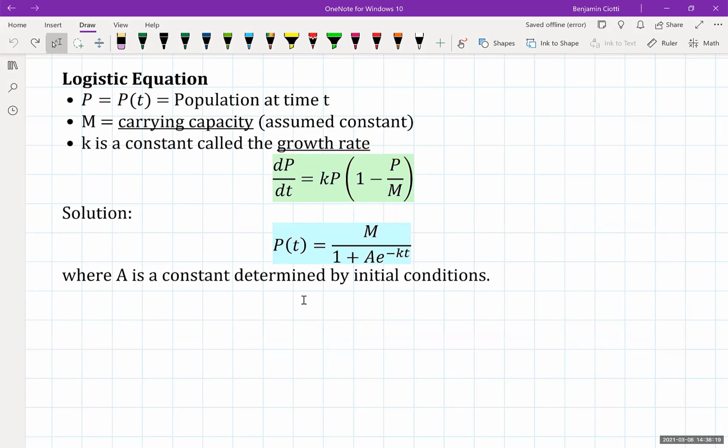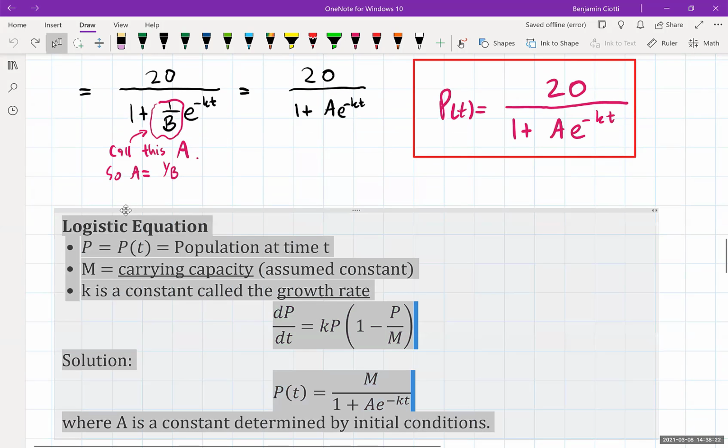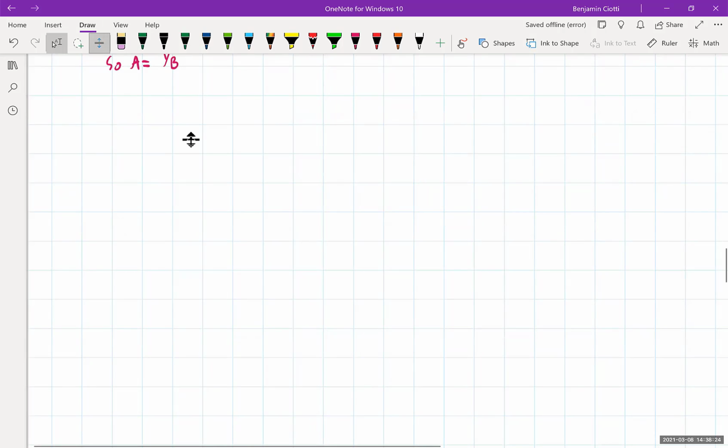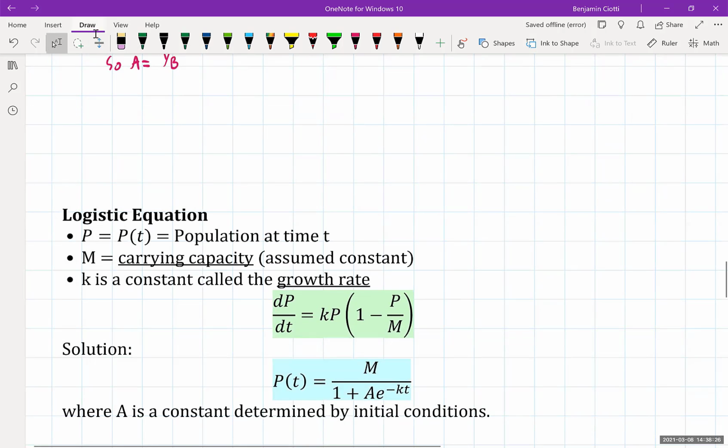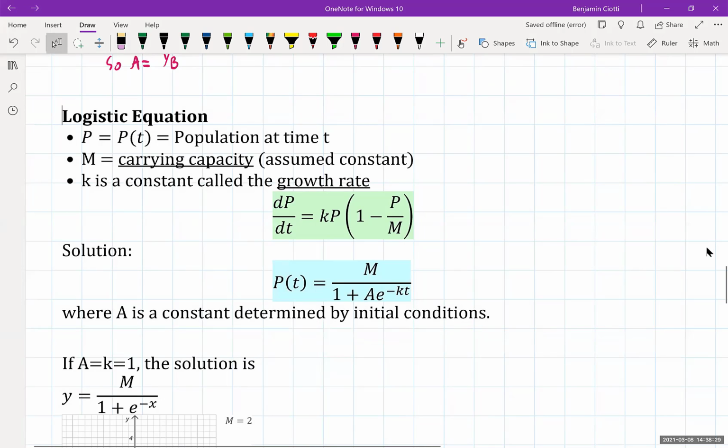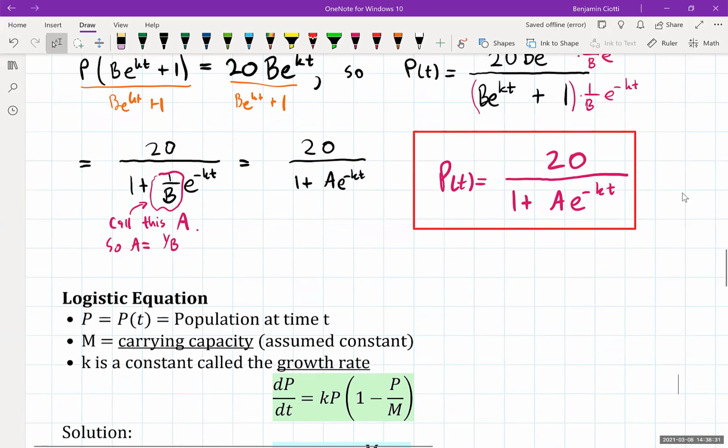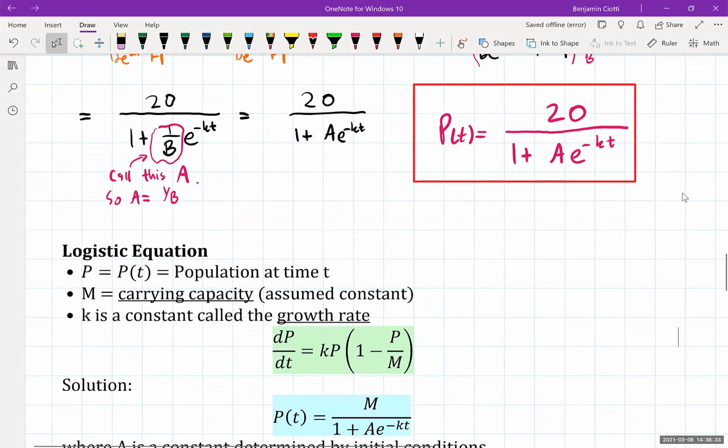Part of me is wondering, why have the differential equation if you can just have P of t? Why have the differential equation if you can just know the answer? That's a good question. In this particular narrow set of circumstances, you could just jump right to the answer, but we're trying to prepare you for a more general set of circumstances.